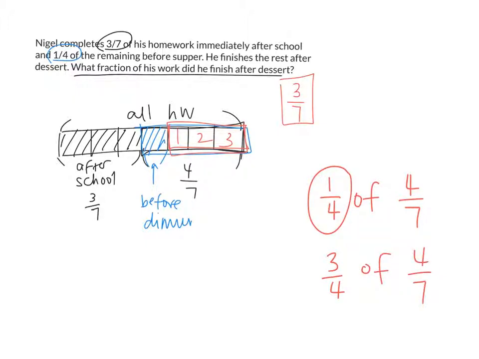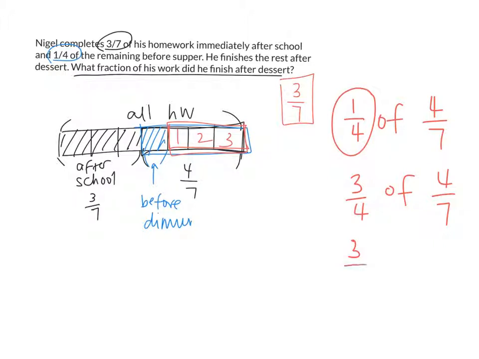Well, we know we can do 3/4 times 4 sevenths, which now we know with numbers would be 3 times 4 over 4 times 7, which is 12 over 28.